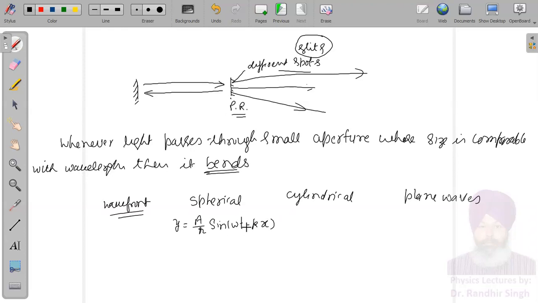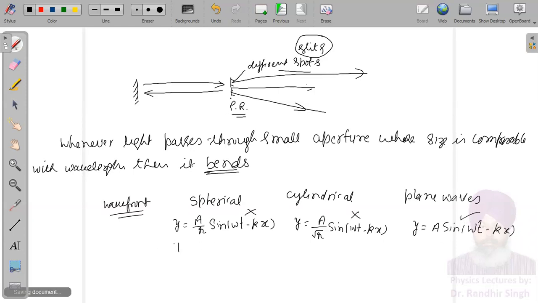You never studied it in your +1 and +2 class. For cylindrical, the equation is y equals a upon square root of r into sine of omega t minus kx. You never studied that either. The third equation is y equals a sine of omega t minus kx. In fact, you studied it. Kindly confirm, is it so? Only plane waves.